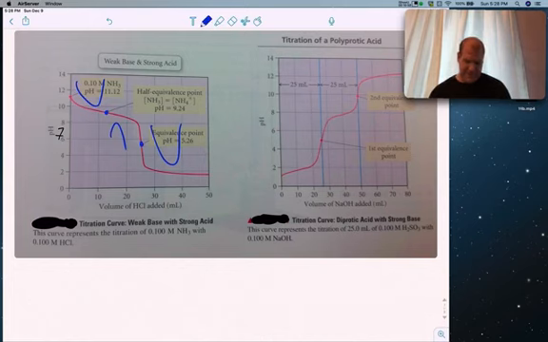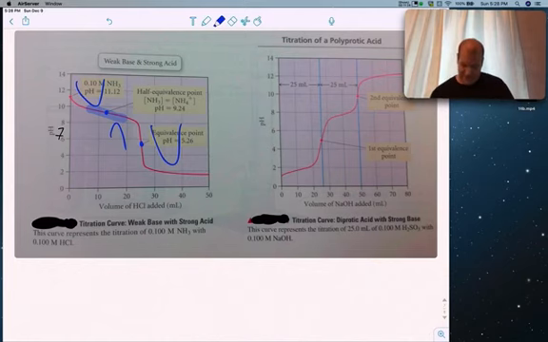You have the same thing, the half equivalency point. Also, I guess you could calculate out the pKb there. But then there is a buffer range along here. So you have a buffer range, same thing, and the equivalency point where the moles acid equals moles base is going to be below pH 7 because it's a weak base and a strong acid, and we talked about that last chapter.